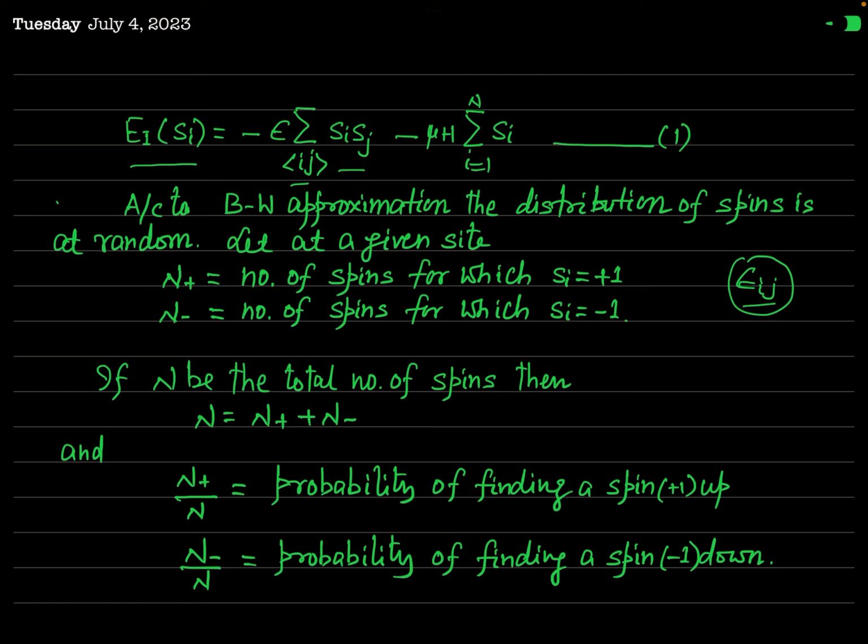So this has been taken outside of the sign of summation. Okay. This mu is the magnetic moment per atom or per sublattice, you can say. H is the magnetic field strength. Okay.